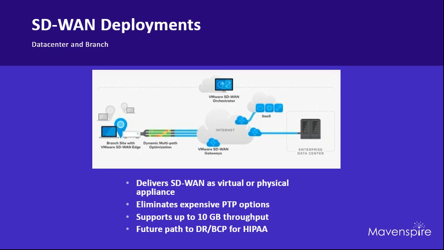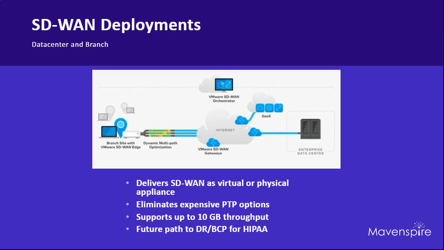So I'm going to describe now where the SD-WAN can fit within traditional models of the point-to-point. We'll talk first about data center and branch, or robo. This is where you have to connect up remote sites, be they clinics or other locations that traditionally you would have as point-to-point links.